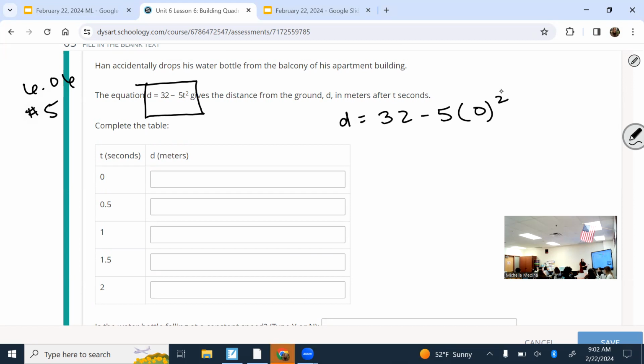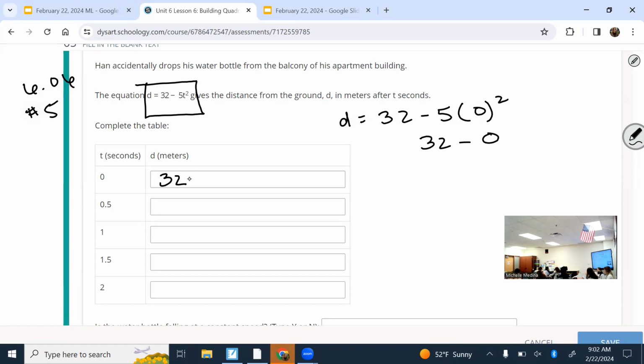What's 0 squared? And then 0 times -5. And then 32 minus 0 is 32, which also makes sense because when t is 0, that's when it started. And remember we said that was our starting height when it's the constant in the formula.